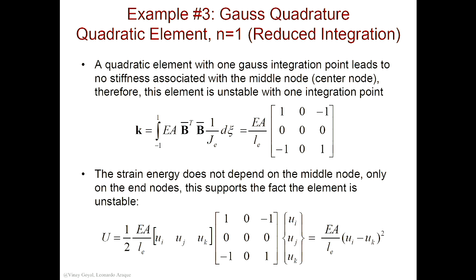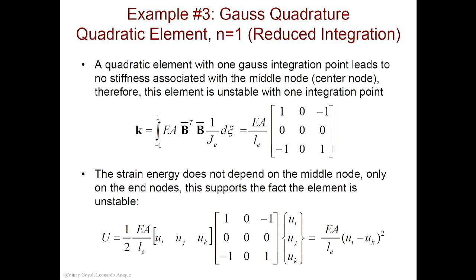So what I did earlier with n equals 2 is full integration. I get the exact solution. With n equals 1, which is reduced integration, I use just 1 point instead of 2 points. Here, it hurts you. You get an unstable element, where the middle node is doing nothing. If I calculate the strain energy for this element, I get just the contribution of the first node and the last node.